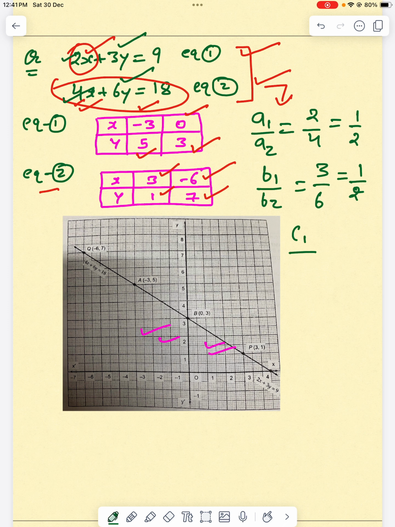So what about c1 and c2? c1 upon c2. c1 we are getting, if you take it on the left hand side, it will be minus 9, and in a similar way, it is minus 18. So it will be 1/2.